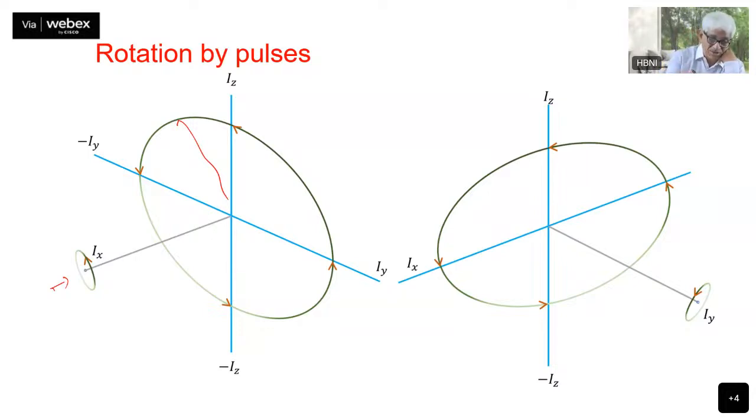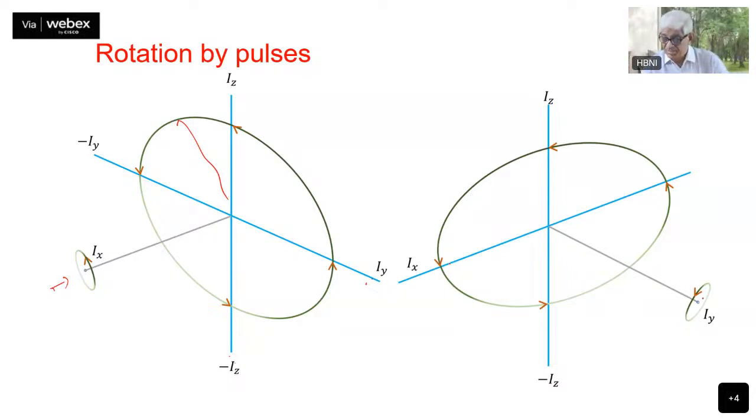If I start with minus y, I go to minus z, and if I start with minus z, I go to plus y. If I start with y, I go to plus z. So when you write the product operator evolutions, you will have to see what signs you are using, because this is very important. The sign has to be maintained properly. And in this case, the y rotation takes z to x.